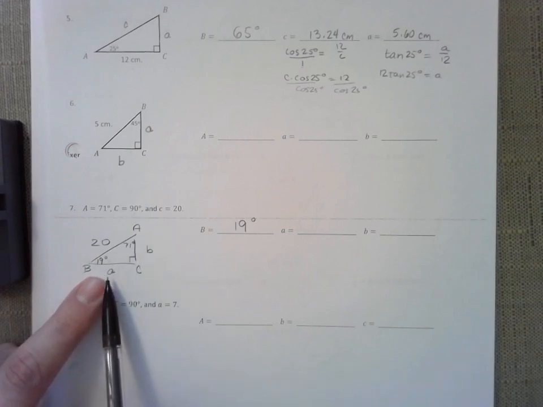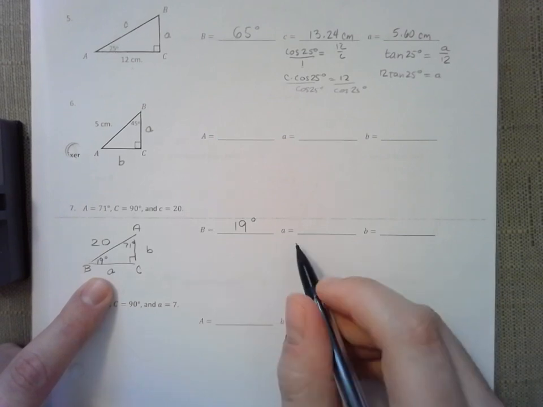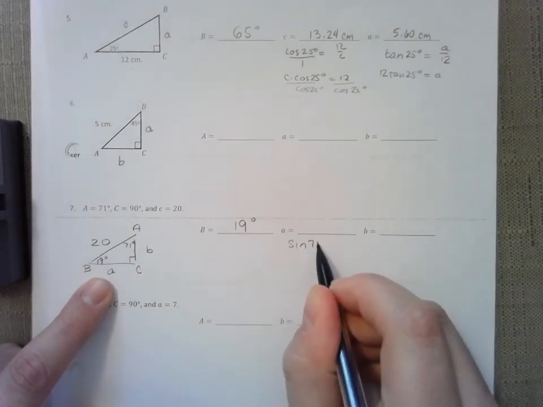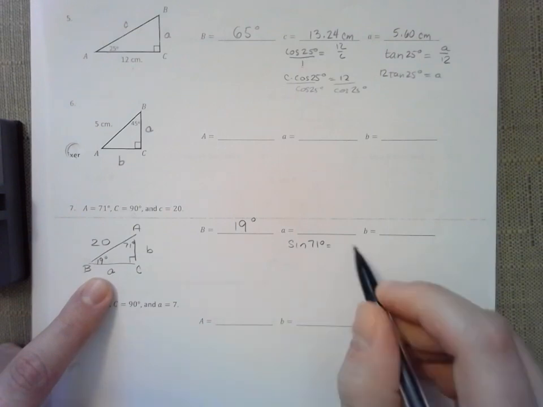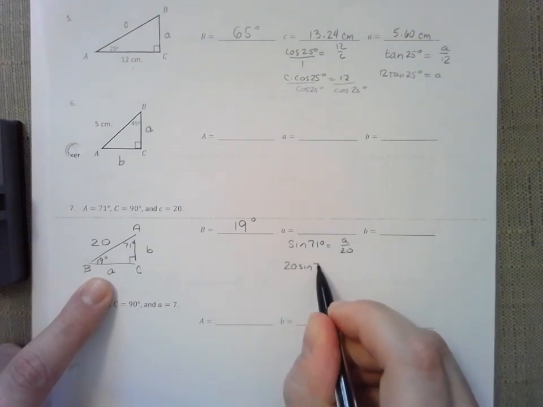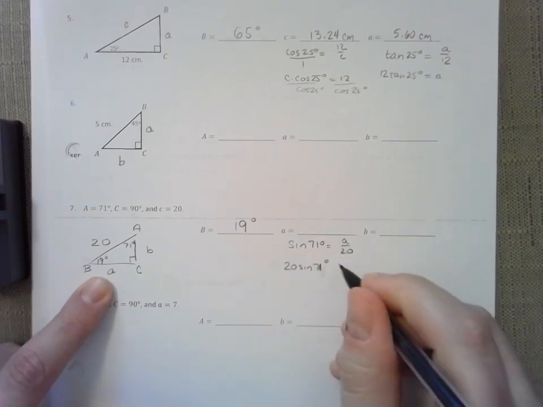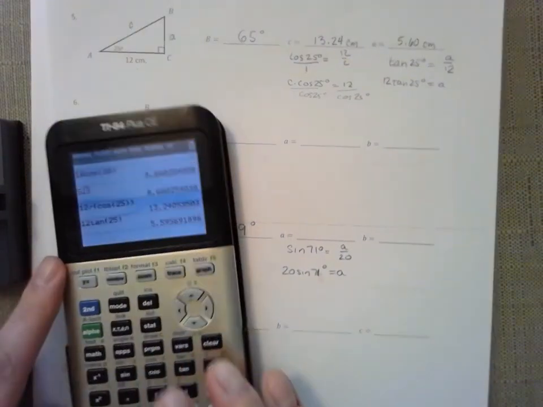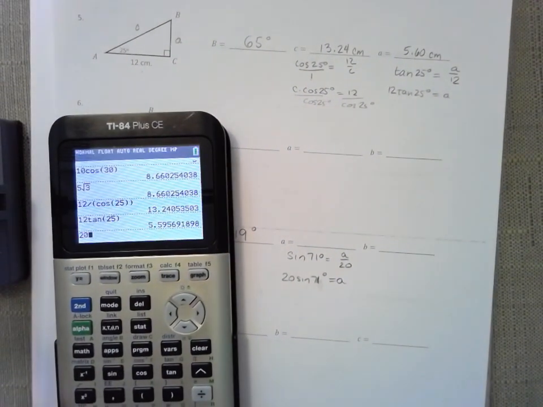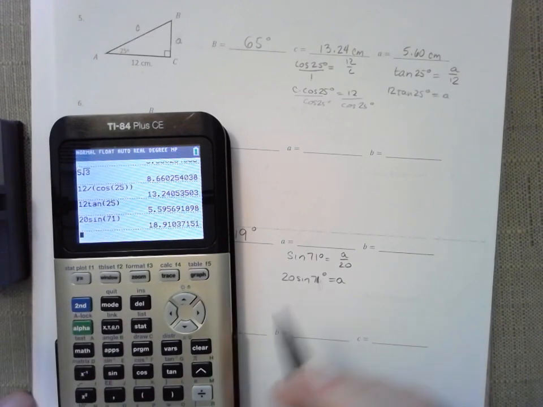So A is opposite of 71, 20 is the hypotenuse, opposite hypotenuse. So we're going to use sine. The sine of 71 degrees is equal to opposite over hypotenuse. Multiply both sides by 20. This gives us the value of A. Here's the calculator. 20 sine 71 is 18.91.